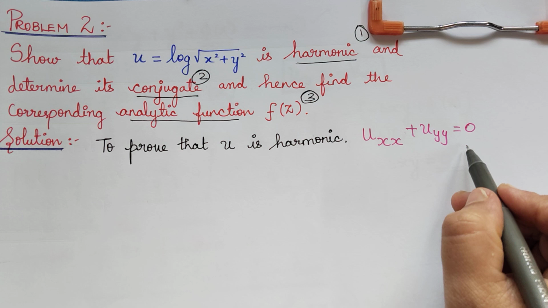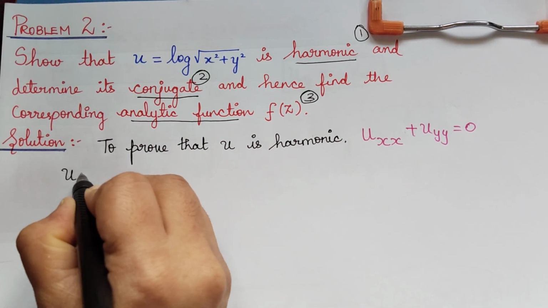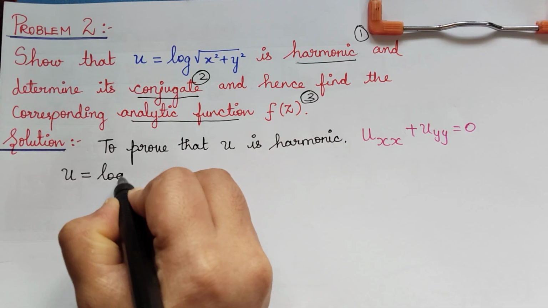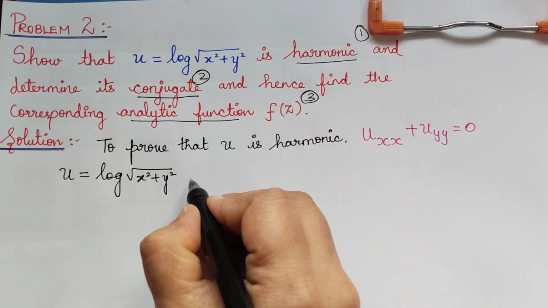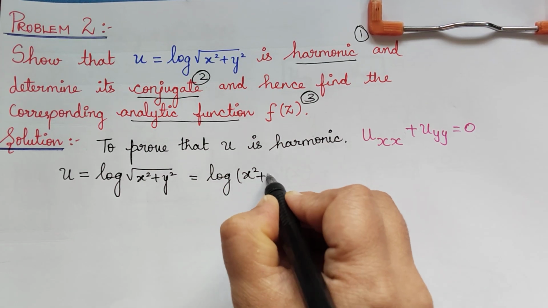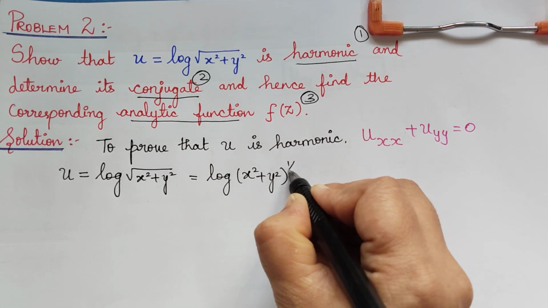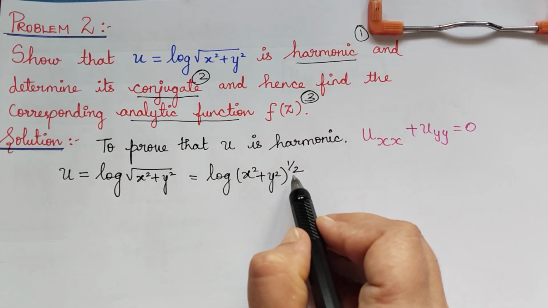So now in order to show this, first of all we shall take and write the given function u. So u is given to be logarithm of square root of x square plus y square. Now this can be rewritten as logarithm of x square plus y square to the power 1 by 2. The square root, I have written it as the power 1 by 2.